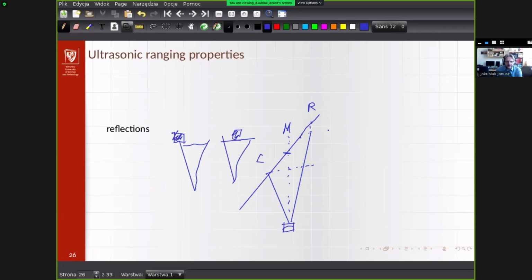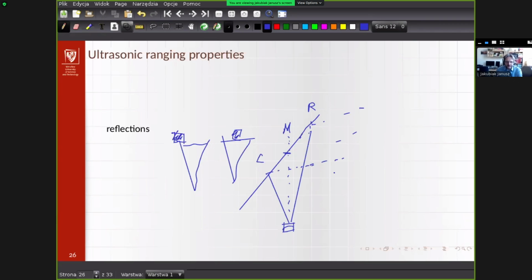What happens further? You probably remember the laws of reflection. In fact, in this situation, looking at that angle, probably nothing would return to the sonar, because this beam would reflect in this direction, and this one in that direction. So the reflected beams do not return.